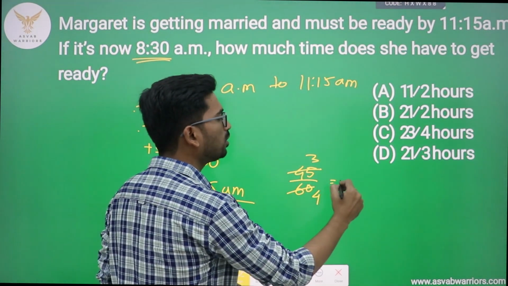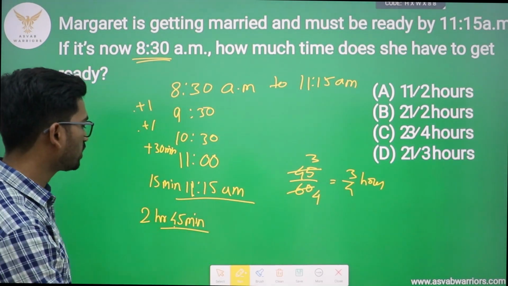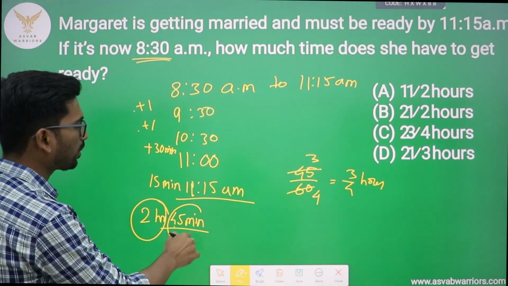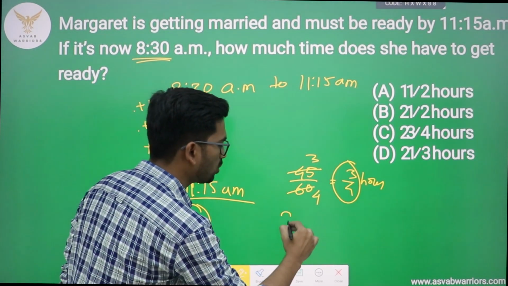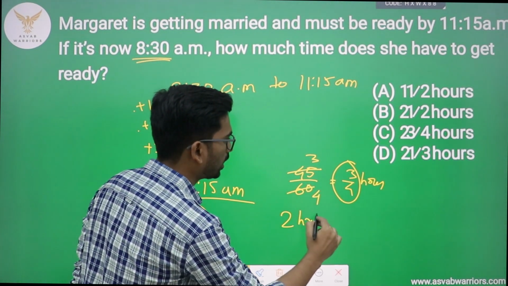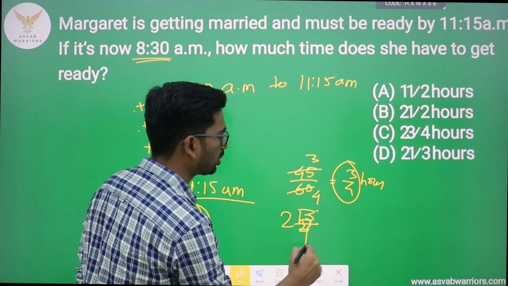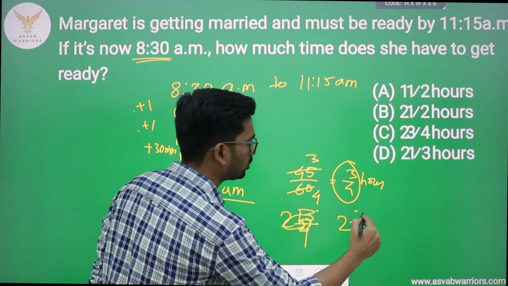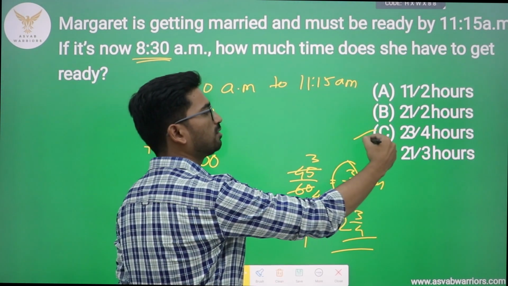So 45 minutes will be equivalent to 3/4 of an hour. So we can say she is going to get 2 and 3/4 of an hour. So which option will be correct? So option C will be correct.